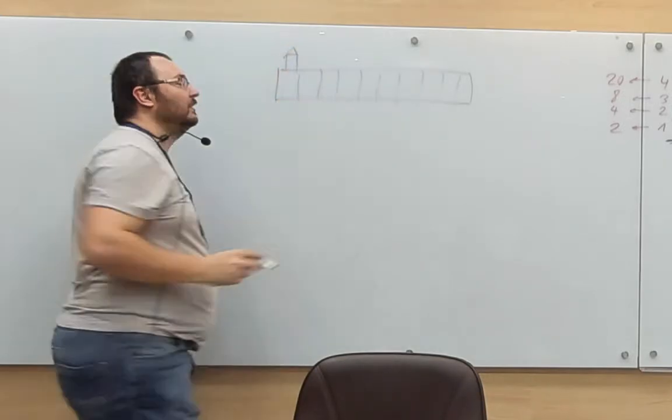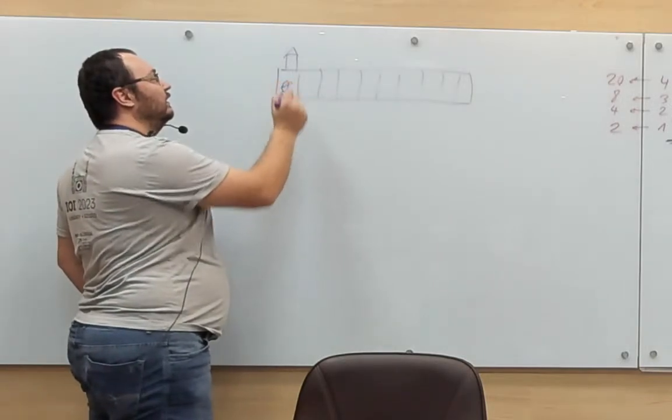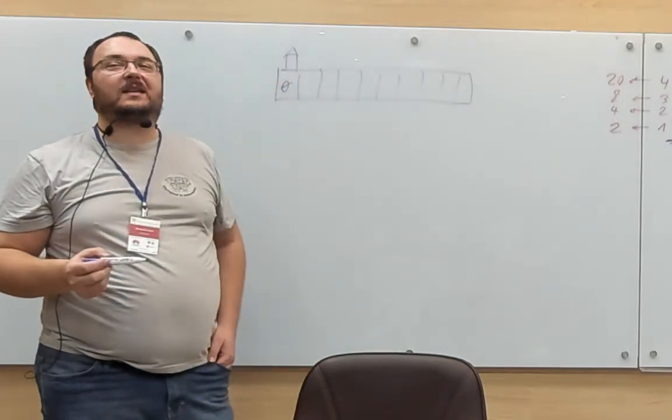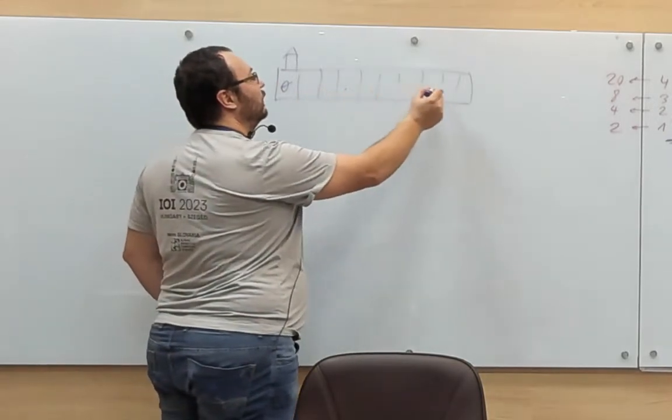There is a castle here on cell number 0. And there are some people trying to reach the castle on all of the other cells.